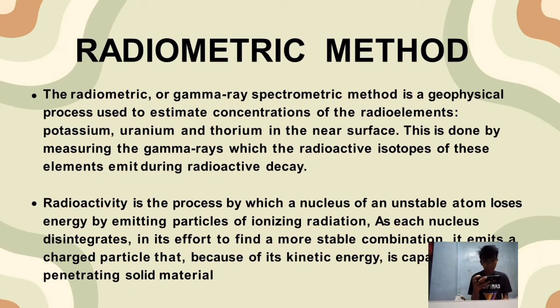Radiometric method. The radiometric or gamma ray spectrometric method is a geophysical process used to estimate concentrations of the radioelements like potassium, uranium, and thorium in the near surface. This is done by measuring the gamma rays which the radioactive isotopes of these elements emit during radioactive decay.